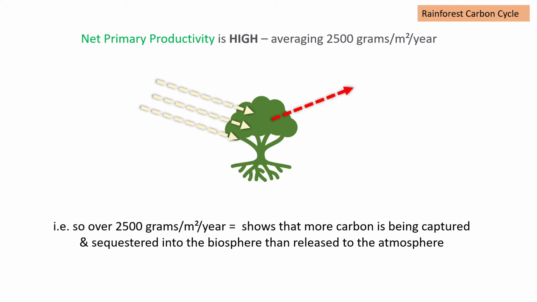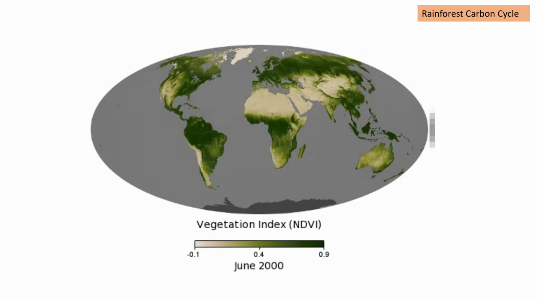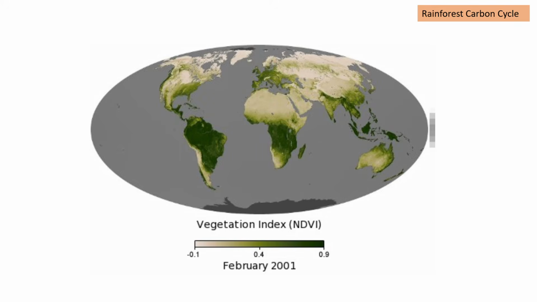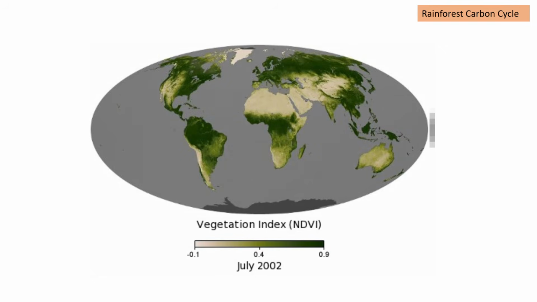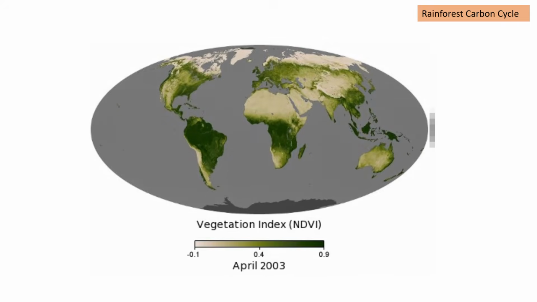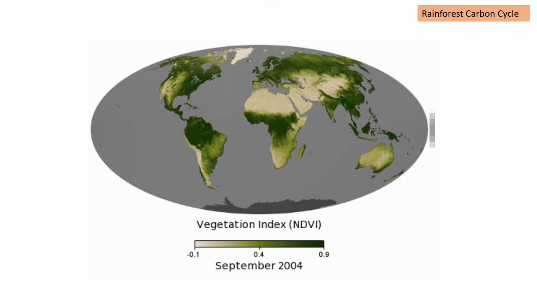If I looked at temperate forests, so the kind of forest you find in the UK, that would be significantly lower, closer to somewhere between 600 grams to maybe 1,200 grams. What this looks like when I look at it from a satellite, I can see that if I look at the area of Brazil and South America where the Amazon rainforest is, it's green pretty much all year round, and this GIF is showing me through the years, so it stays green all year.